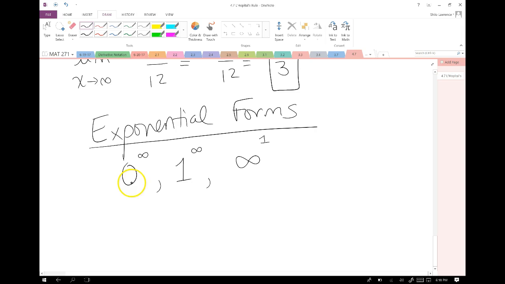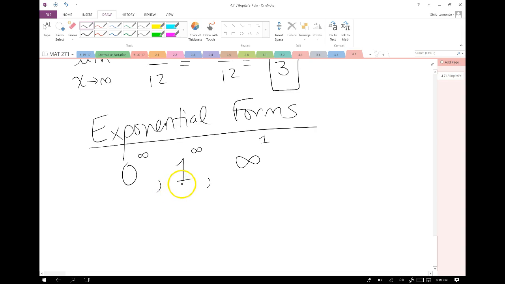Usually you would think 0 to any power should be 0, but then you would think if you raise anything to a really large power, it should get larger and larger and larger. So the idea here is that the base and the exponent don't agree, and that's the problem. 1 to the infinity, 1 to any power should be 1, but it depends on whether we're approaching 1 from above or from below. Since it's a limit, if we're approaching from below, that means we're approaching from values less than 1.